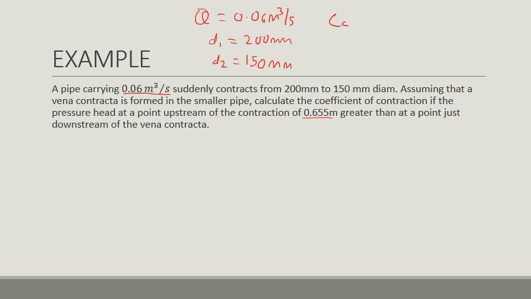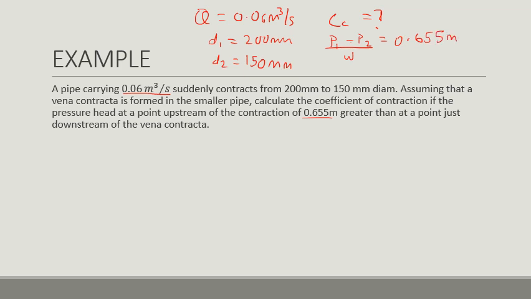So this means that P1 minus P2 over W is equal to 0.655 meters.